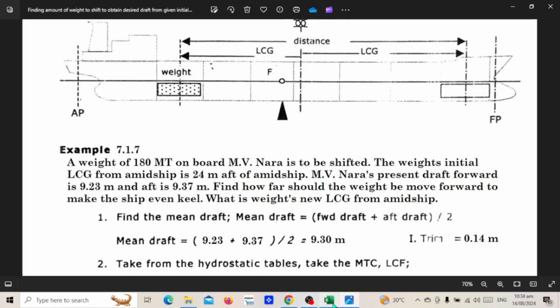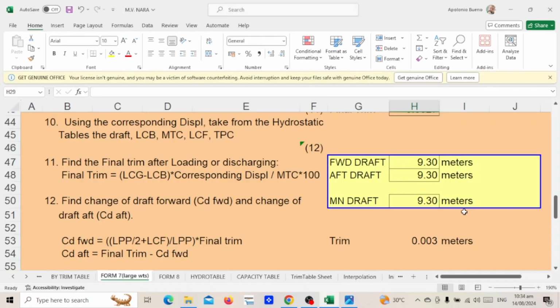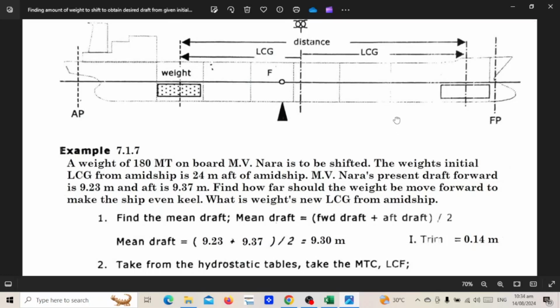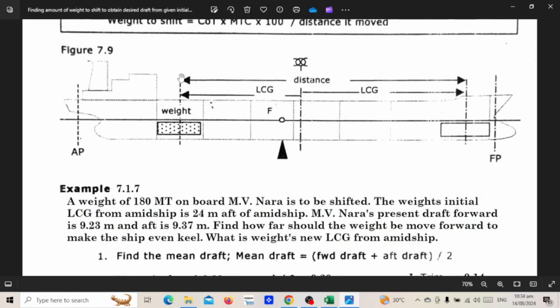So now we have made the vessel even keel, and we shifted the weight to make it even keel up to this point, which is 4 meters ahead of the amidship, because this 4 meters plus 24 meters of initial LCG is a total of 28.